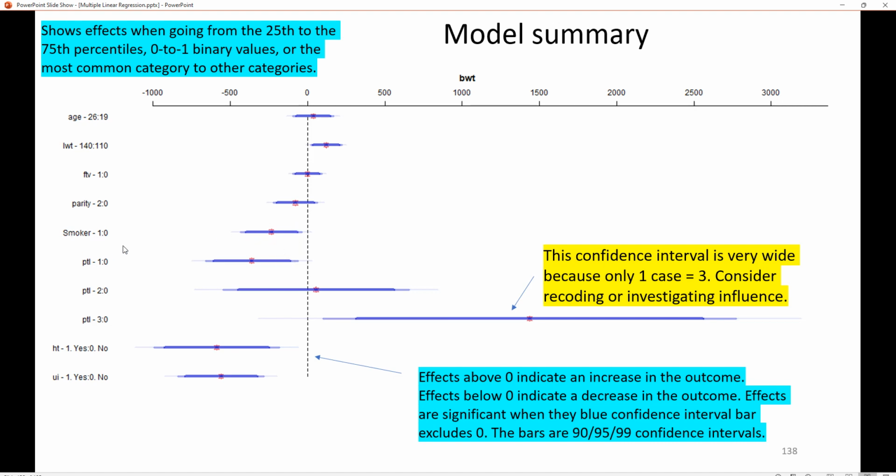For example, smoking. For mothers that smoke, we'd expect their babies to have a lower birth weight, as well as hypertension and uterine irritability.